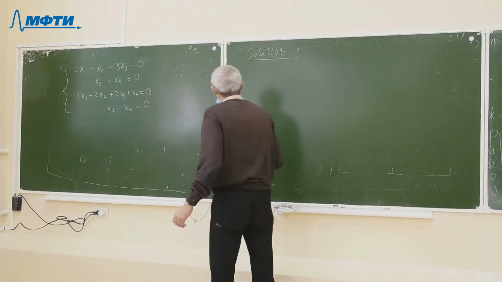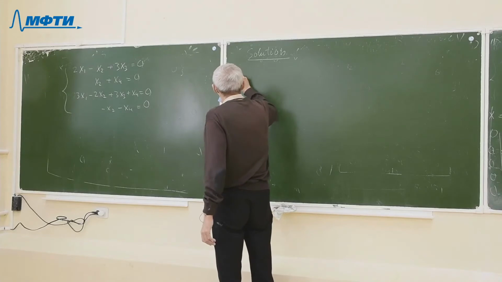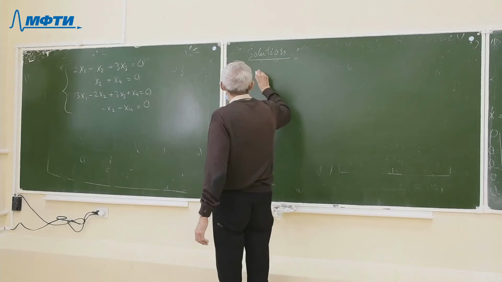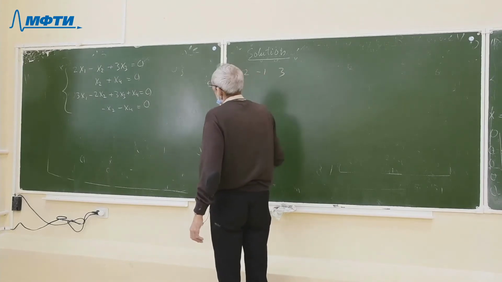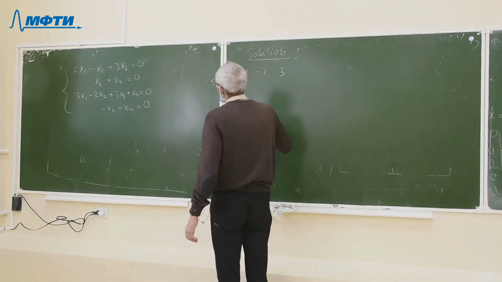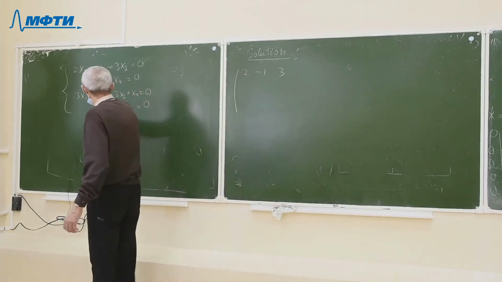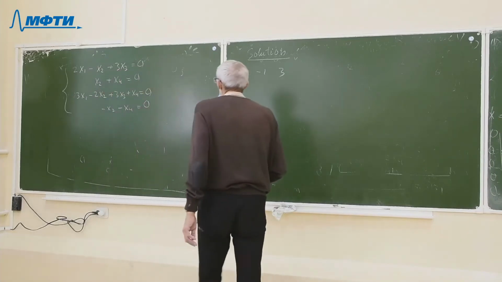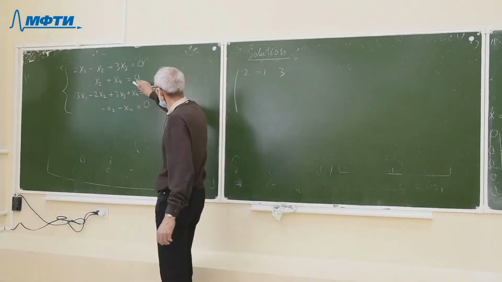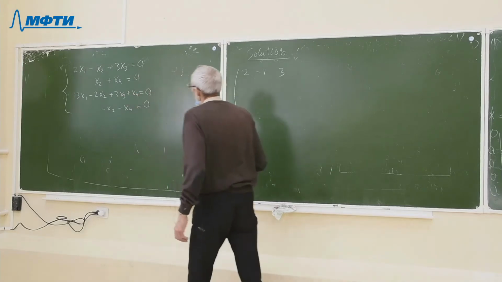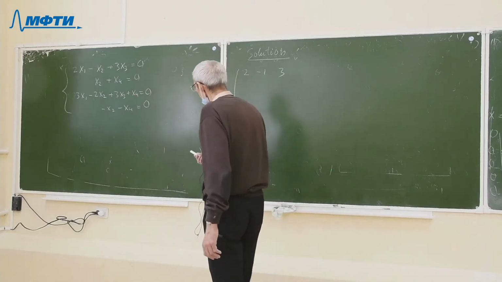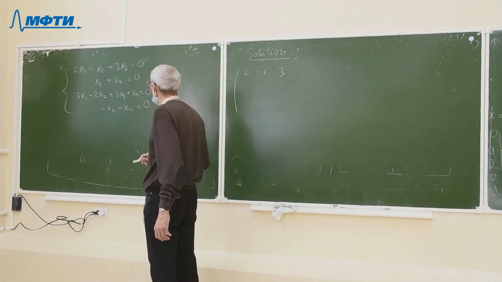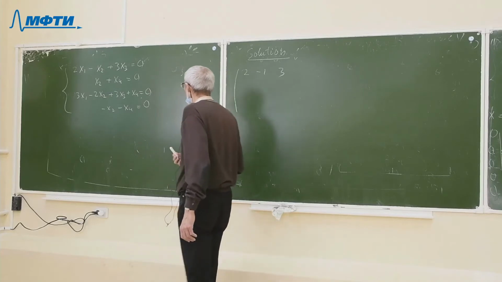Rewrite this linear system in the matrix form. We obtain the following matrix: 2, minus 1, 3. The first expression. We have the 4 variables: x1, x2, x3, and x4, and the coefficient for the fourth variable x4 is equal to 0.